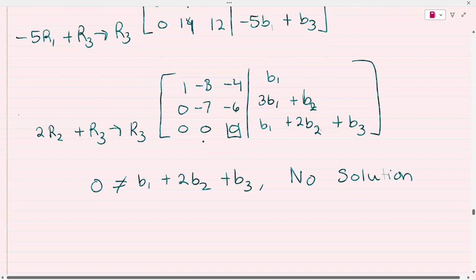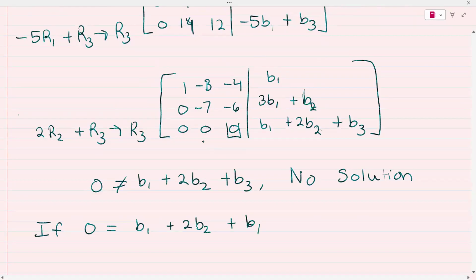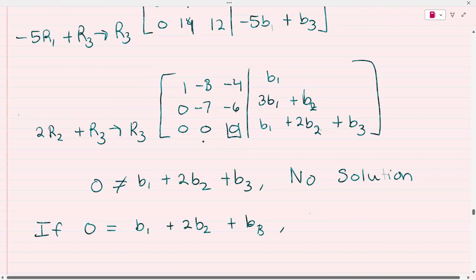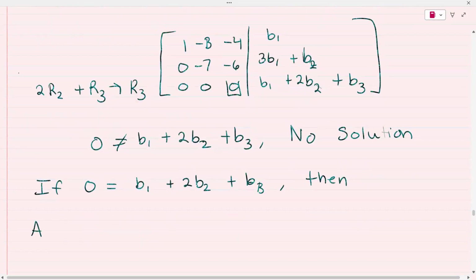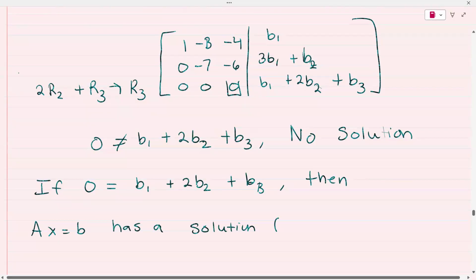But if you can make it true, if 0 does equal B1 plus 2B2 plus B3, then AX equals B has a solution. Vector B.